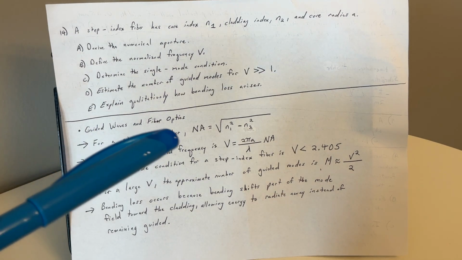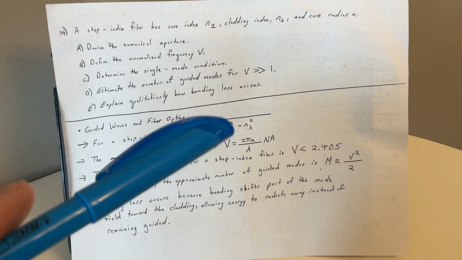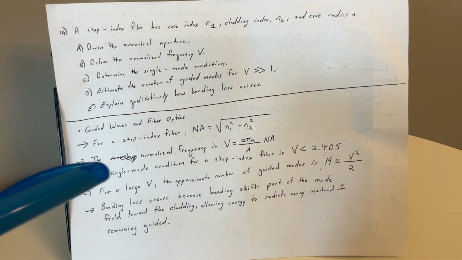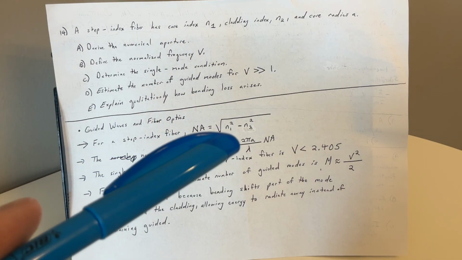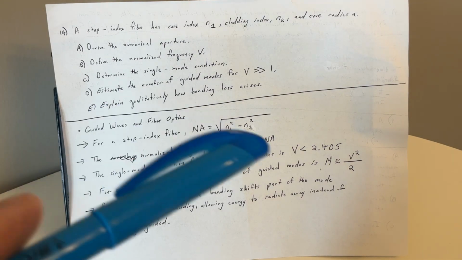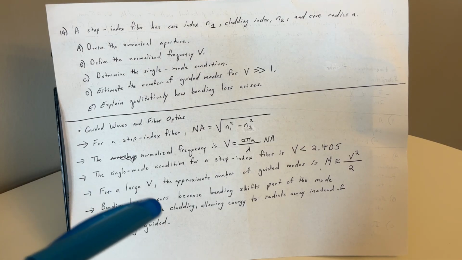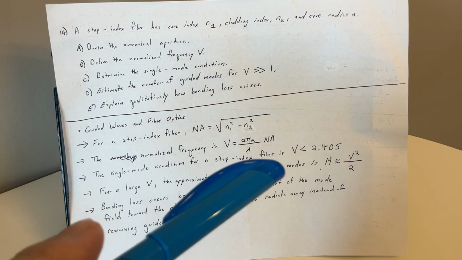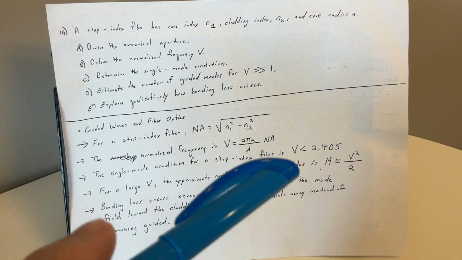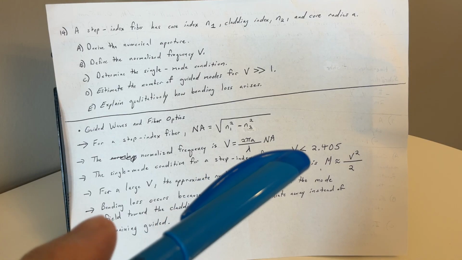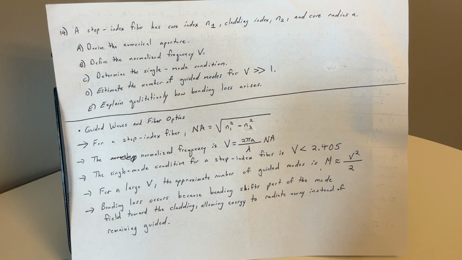Okay, for a step index fiber, NA equals the square root of n sub 1 squared minus n sub 2 squared. The normalized frequency V is 2 pi a over lambda times NA. The single mode condition for a step index fiber is the normalized frequency less than 2.405.